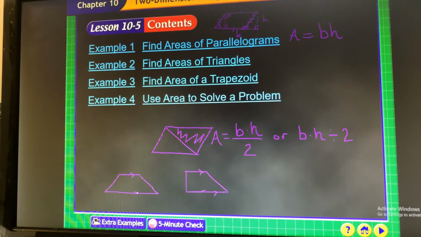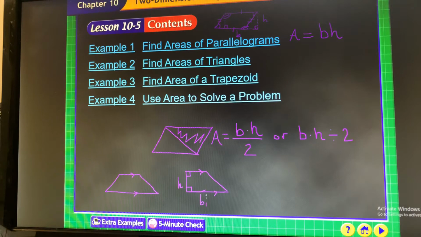It doesn't have to have any sides congruent. So for a trapezoid, sometimes the height is already there. Remember, you'll know the height because it meets the base at 90 degrees. So this is height and this is base. But look at, there's also a 90 degree there. So which base is base?